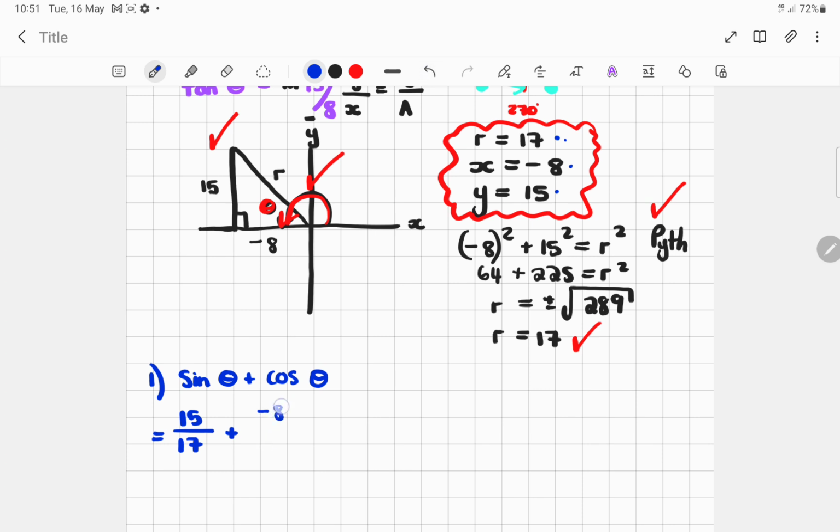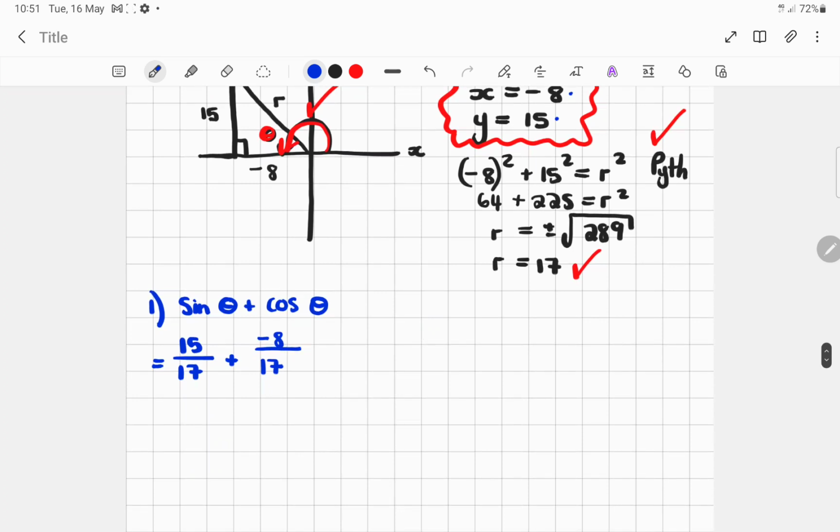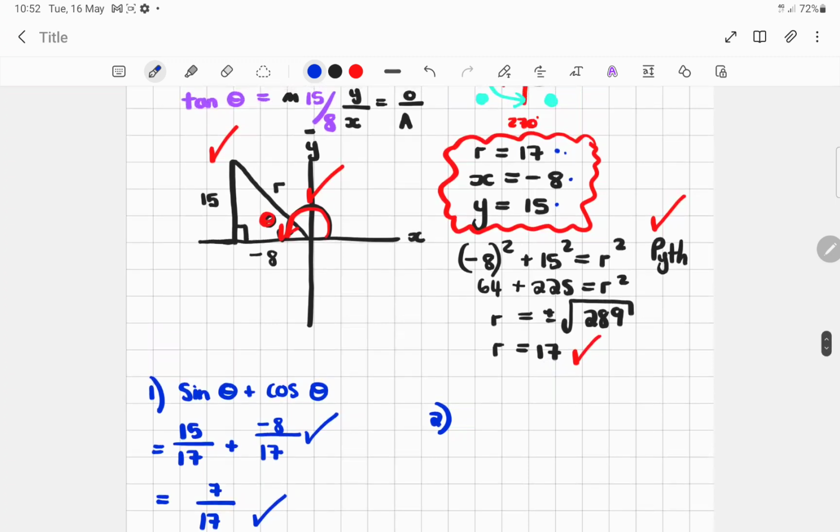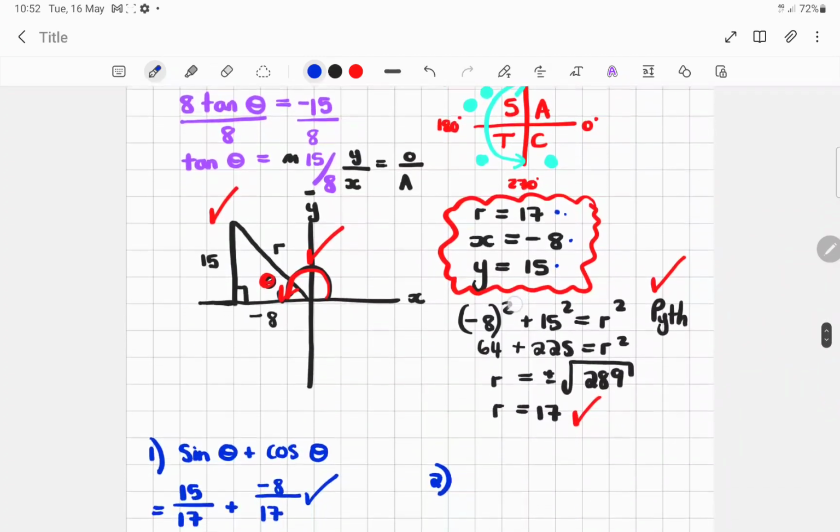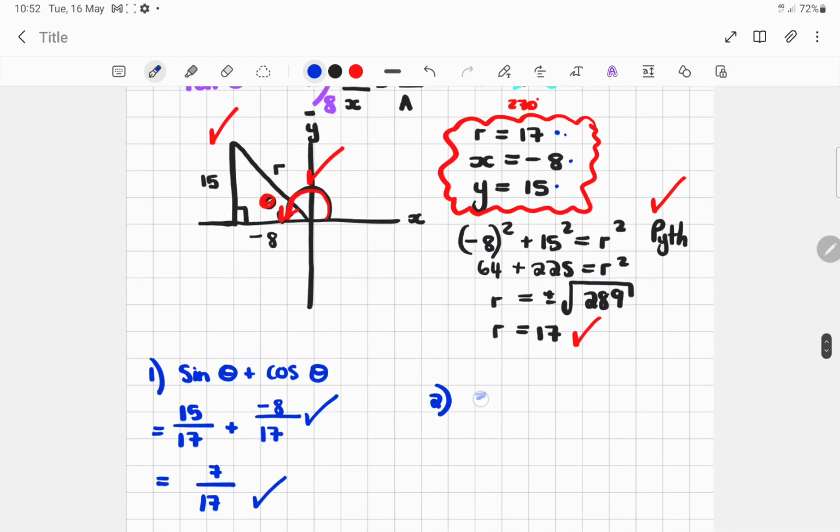So it's negative 8 over 17. So 15 plus a negative becomes a minus 8, which gives you 7 over 17 like that. Again, you're more than welcome to put that in your calculator. We don't worry about that. So it's substituting and answer. So that's 4, 5, 6. And the last 2 marks.